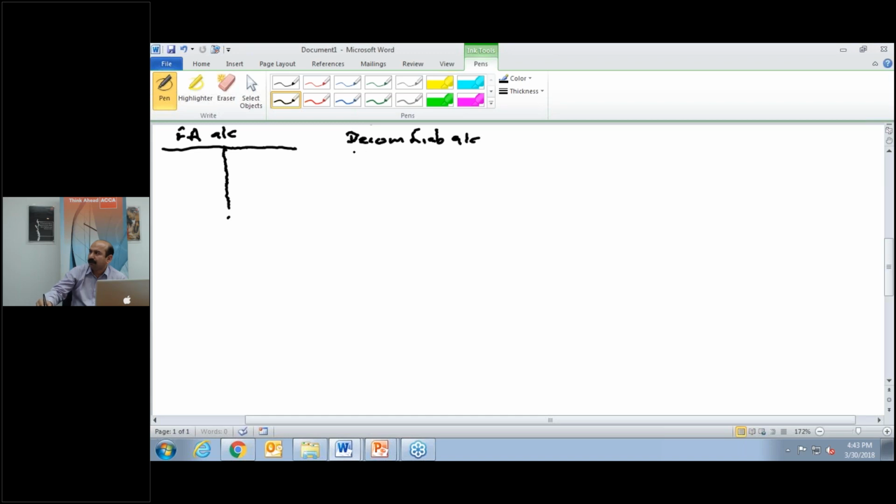Please, I'm not writing the full name, but this is decommissioning liability. Then accumulated depreciation, just as a reference so that we could treat in case we need that.